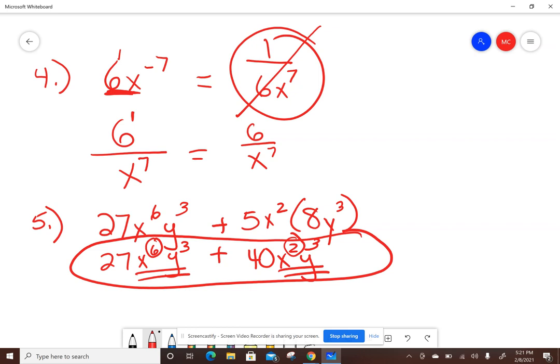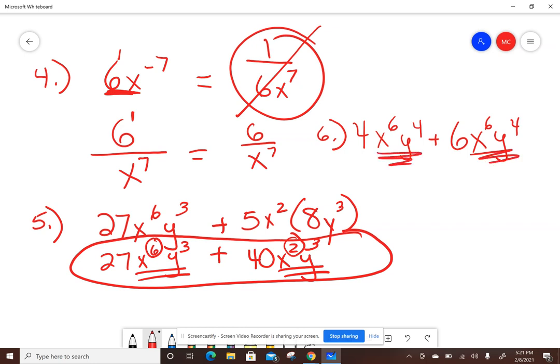Now for the next one, for number 6, when I square that first term, I get 4x to the 6th, y to the 4th. And I add that to 6x to the 6th, y to the 4th. These are like terms. So when you combine like terms, you keep the term the same and you just combine the coefficients. So that becomes 10x to the 6th, y to the 4th.